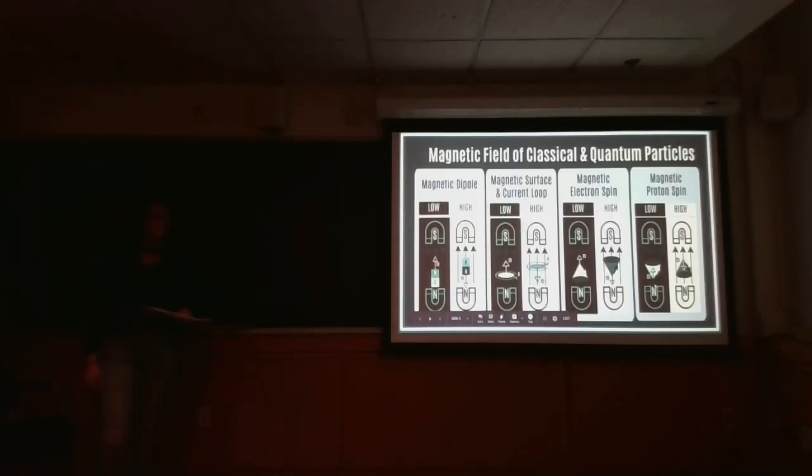So this graphic basically just describes how a magnetic field affects quantum and classical objects. In the first two examples, we see that the magnetic moment, when placed in a magnetic field, will do one of two things.